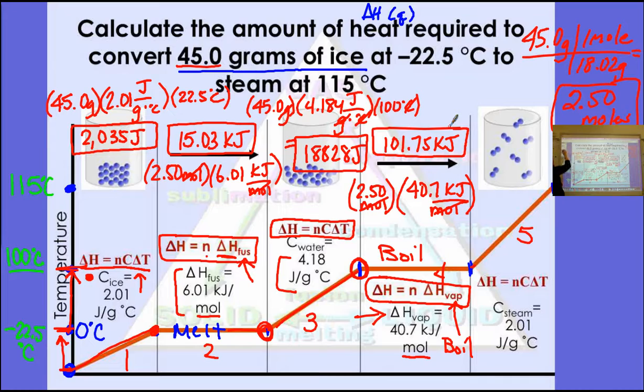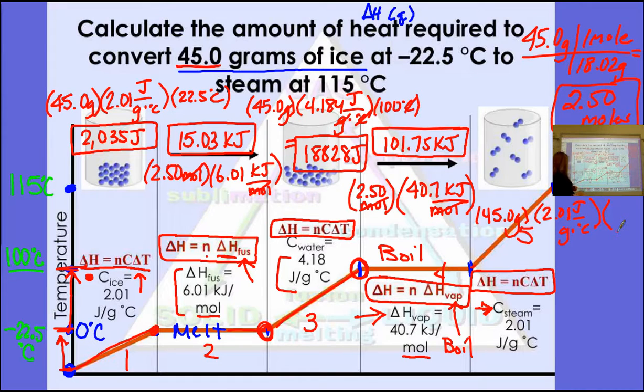And our final state, number 5, since I'm increasing temperature again, I can go back to my NC delta T equation. My N is 45 grams. The C value for steam, or gas, is 2.01 joules over gram times degrees Celsius.